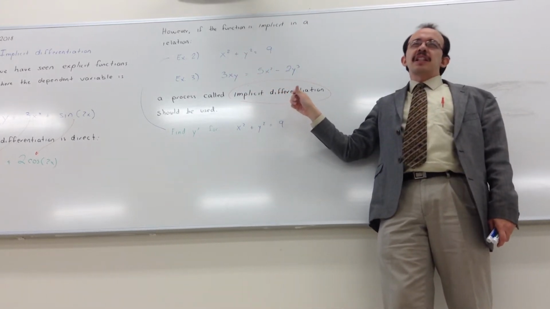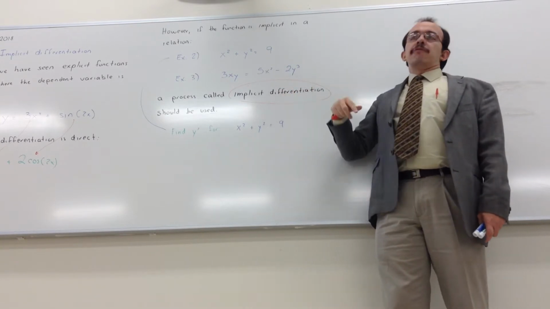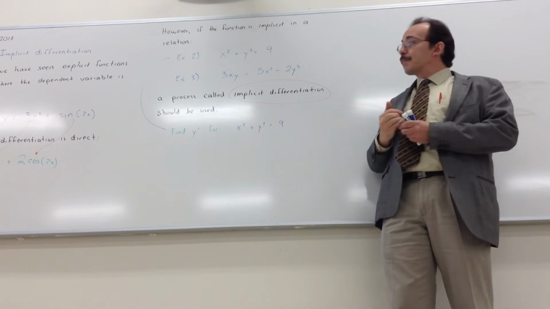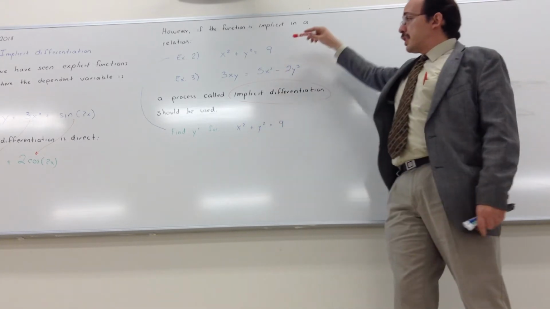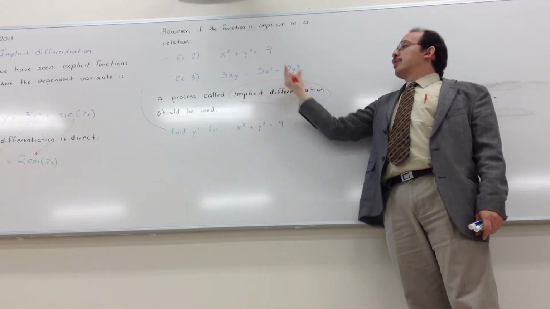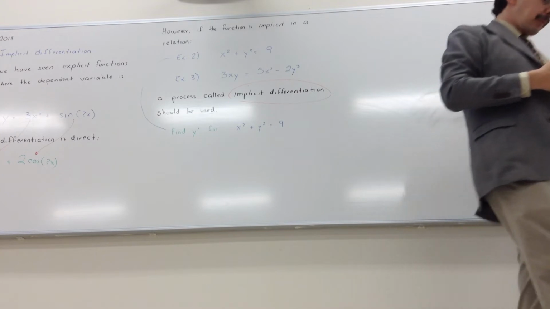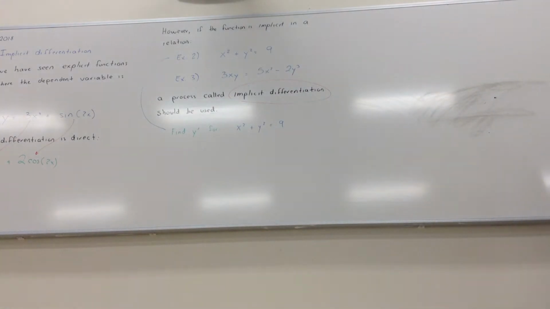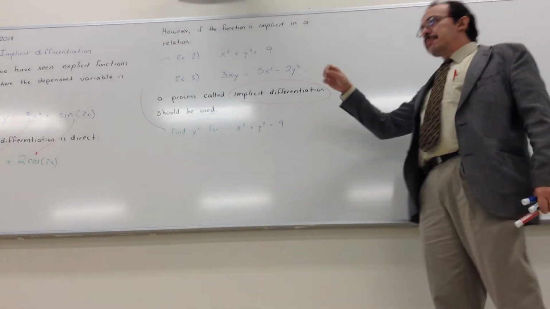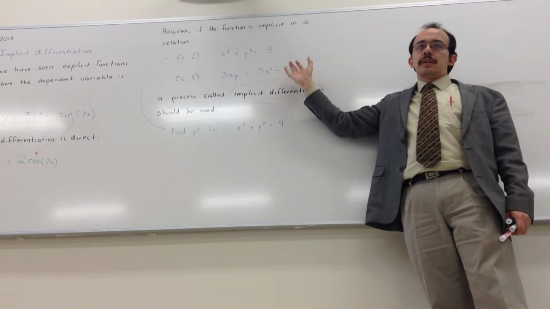It's a different process that uses chain rule mostly. Okay? And then we're going to get the y prime. So if you see something like this or like that, and the question is to find the y prime, you need to apply implicit differentiation. Okay? Not always we're going to tell you to use implicit differentiation for that. So you need to see when to apply it, like in those cases.